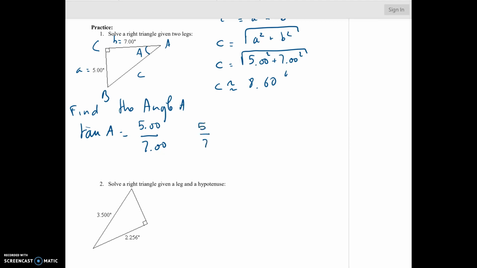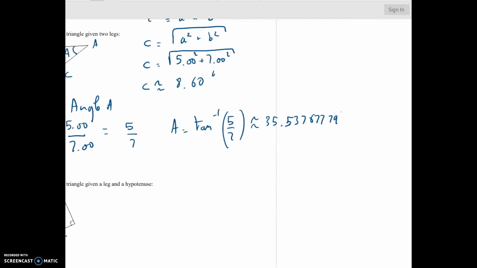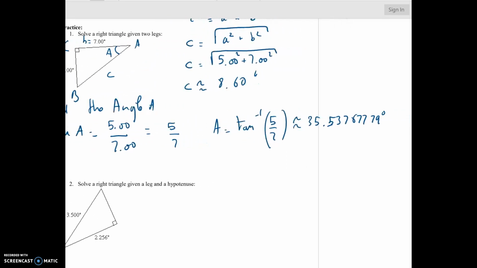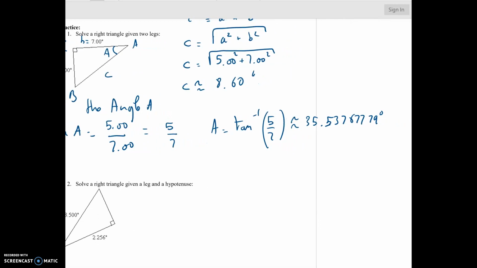It's equal to 5 divided by 7. And therefore, A equals tangent inverse of 5 divided by 7, which gives me 35.53767779 degrees. Now, I'm supposed to have three significant digits.